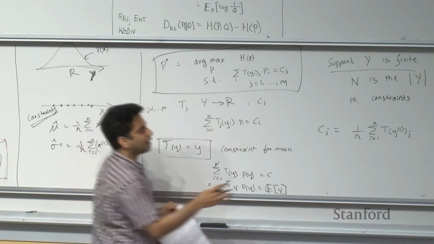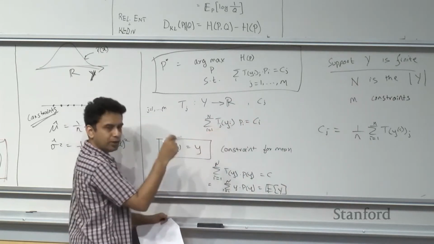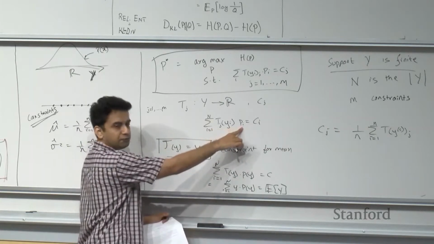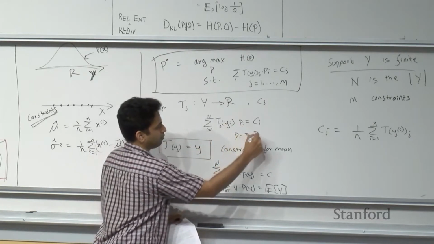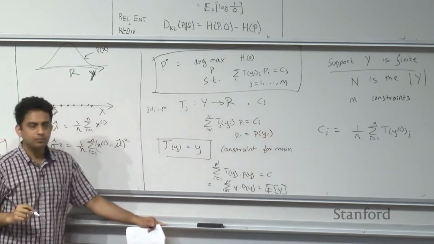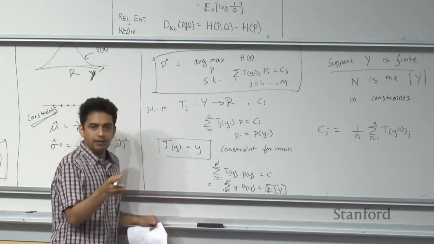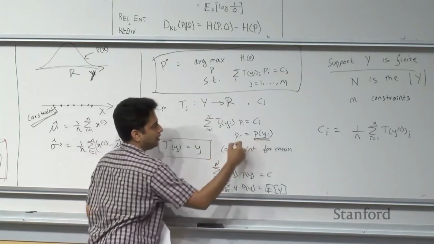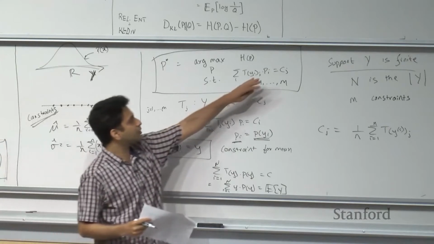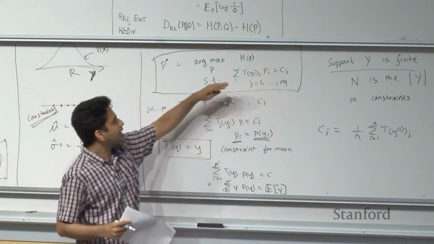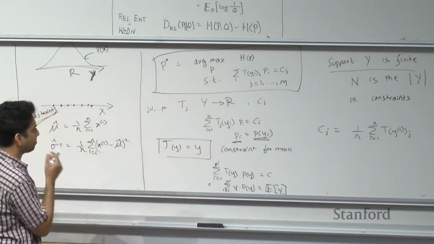There are capital N elements in y, and every possible value of i gets a probability p_i, where p_i is equal to p of y_i. It's very common that we switch between functional notation and vector notation; they mean the same thing. So we are given a set of linear constraints, and satisfying these, we want to maximize the entropy. Question: the index is j, right? It's c_j, not c_i.